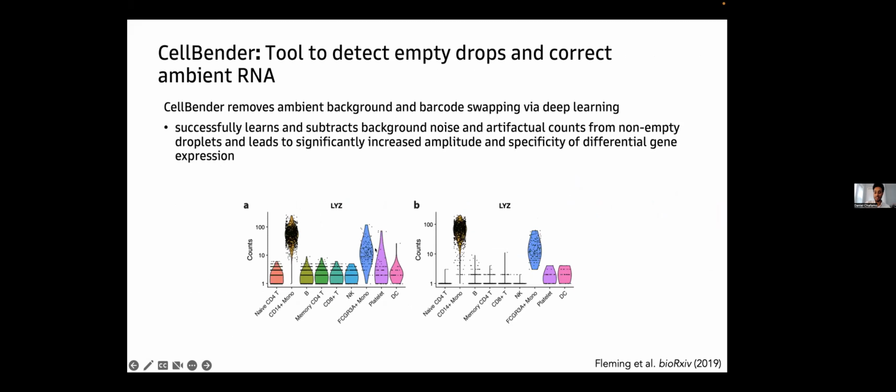This is a demonstration of the results. LYZ is a very strong marker for CD14 monocytes, monocytes in general. This one, A, is pre-CellBender and B is post-CellBender. In A, you can see there's a lot of LYZ gene in B cells and CD4 T cells, which we don't expect, and it makes clustering and differential expression difficult. But post CellBender correction, we have a much cleaner looking result. Okay.